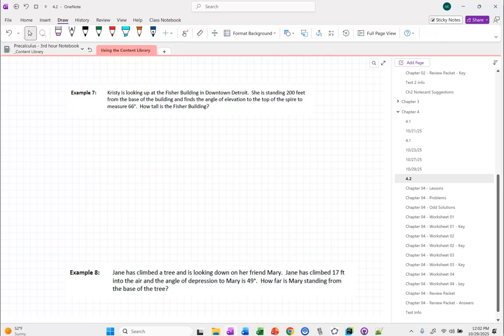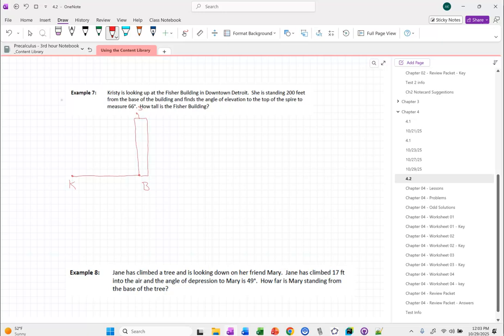The first step is to draw a picture. So here's me drawing a picture. Here's Christy. Here's the base of the building. There's the top of the spire.